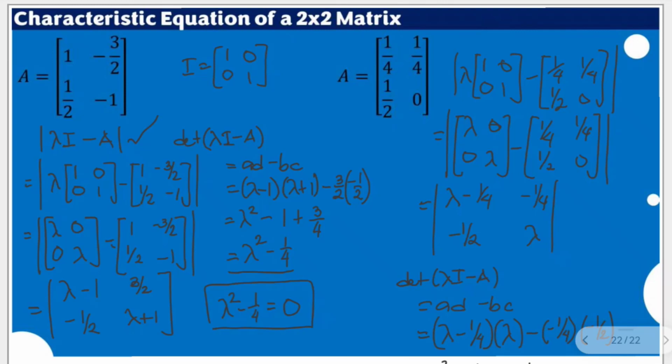We used this process to solve for the characteristic polynomial and equated said polynomial to 0 to get our characteristic equation. And this is very important to move further in solving for the eigenvalues and eigenvectors and ultimately the eigenspaces. So this is all about the characteristic equation. Thank you very much for watching.